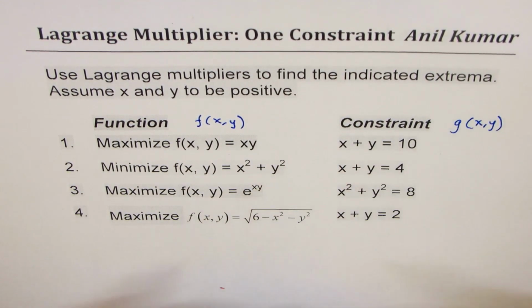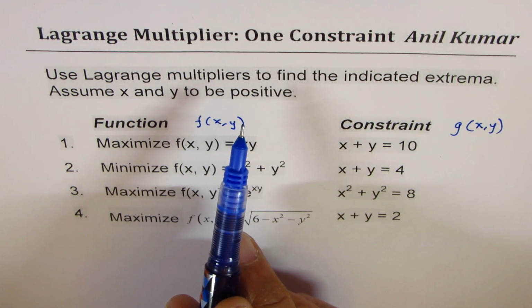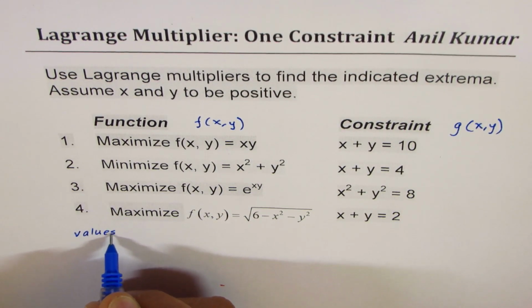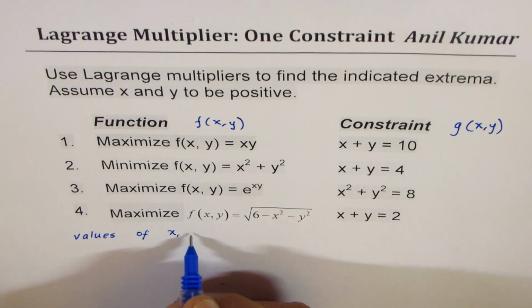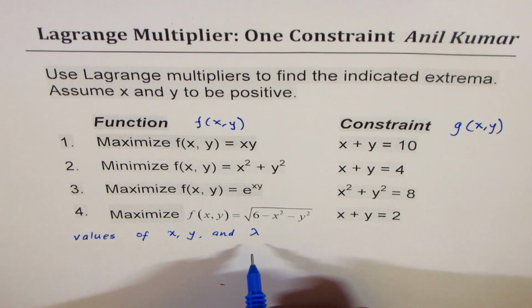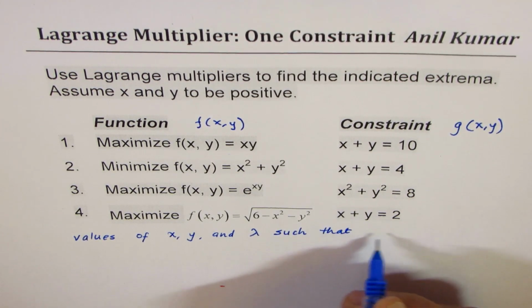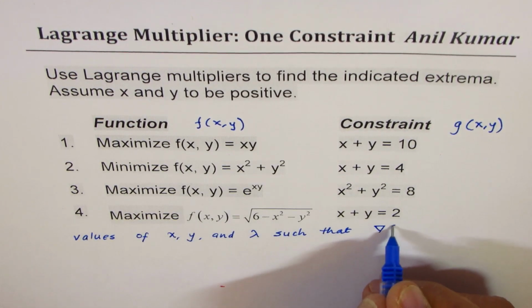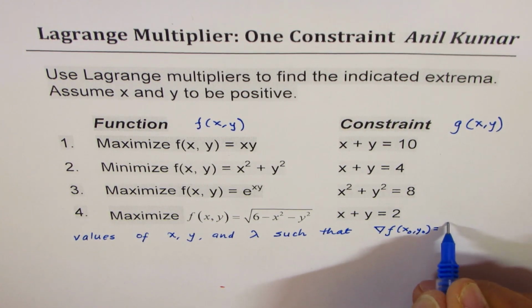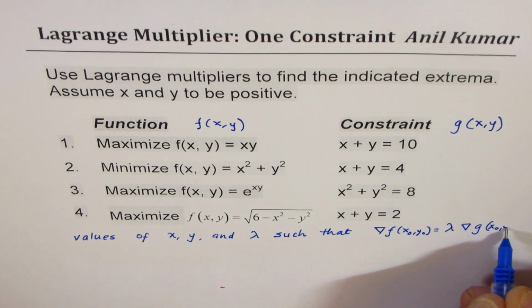Now, when we say use Lagrange multiplier, what do we mean? We're actually looking for values of x, y, and the multiplier lambda such that the gradient of the function, so we are looking for a point here, is equal to lambda times the gradient for the constraint g at x0, y0.